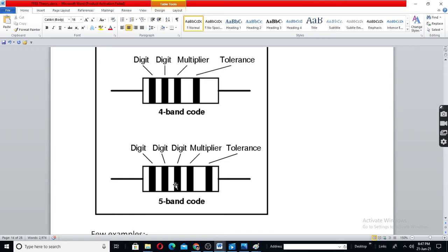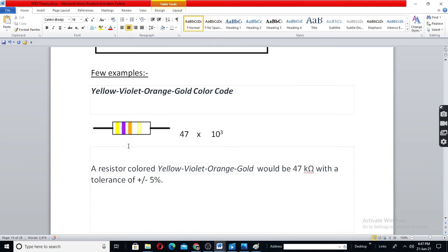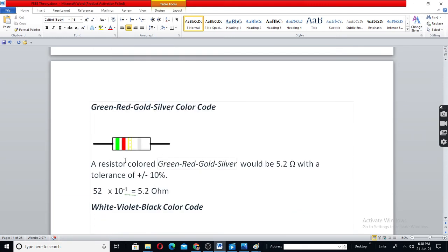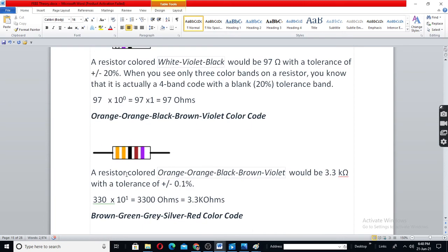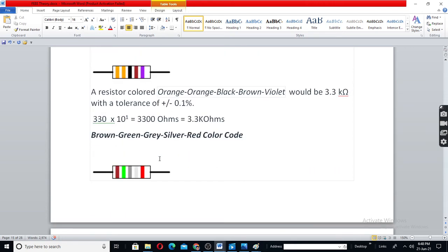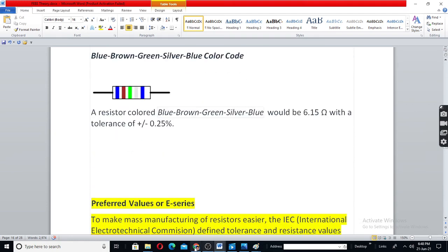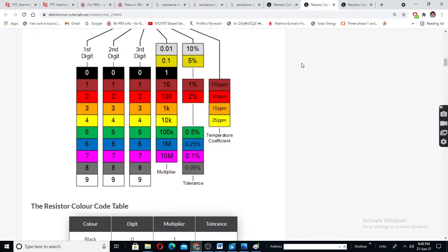In a five band code, one, two, three, four are placed equidistantly. The fifth is placed at a higher distance. You can see here one, two, three, and here it is more distance. Okay, you can see in some places.